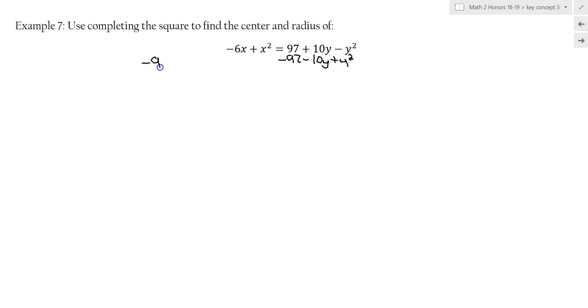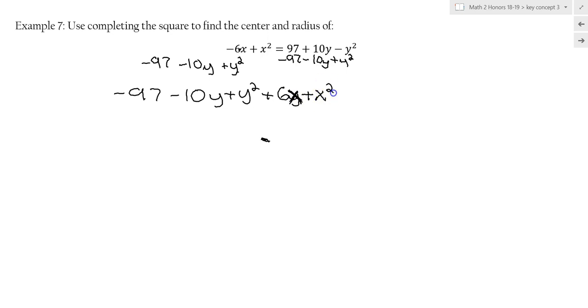And then I do the same thing. None of these are like terms, so I'm just writing them all together. I have minus 97 minus 10y plus y squared plus 6x plus x squared equals 0.